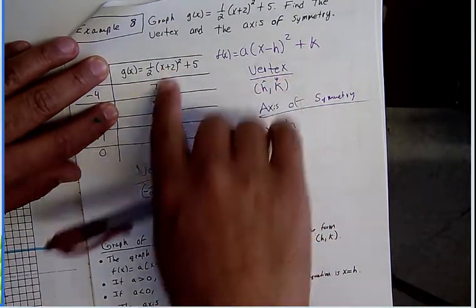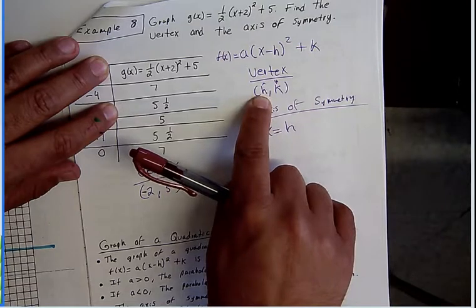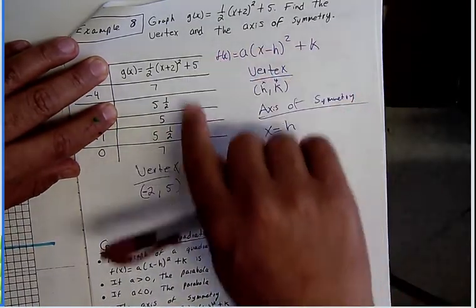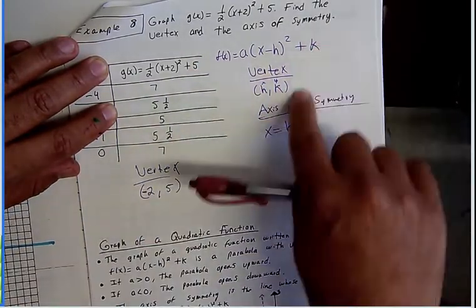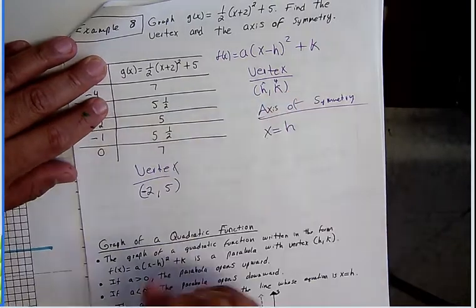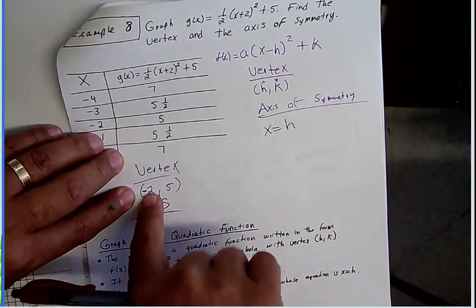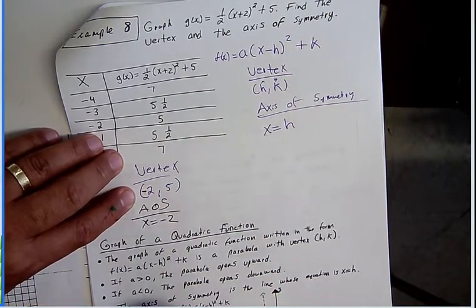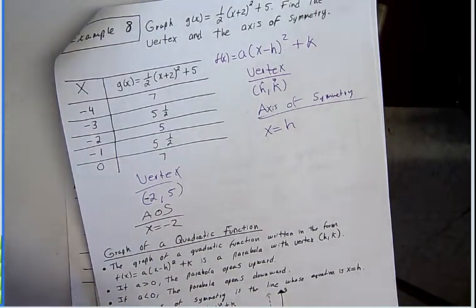If it's positive, it's negative. If it's negative, if you notice, I put just an h, a positive h. It's always the opposite of that sign. The k stays the same. Whatever sign it has, that's the sign you carry. The k you keep the same. What's the axis of symmetry of this thing? It's always that value. x equals -2.